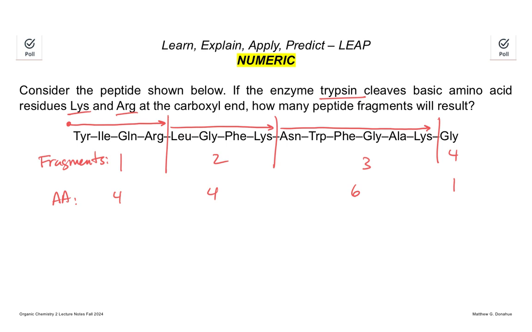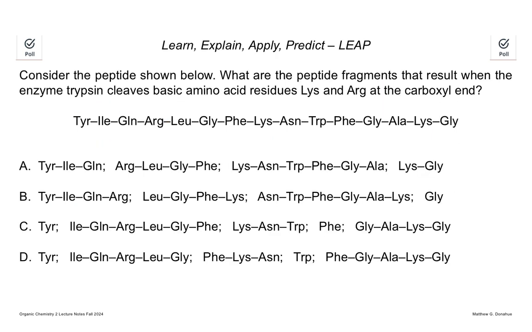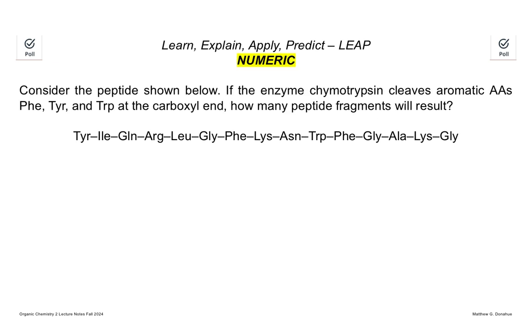You run the trypsin reaction, and by gel electrophoresis, you can say, okay, I have 4 fragments. I still need to figure out what the sequences of those fragments are. We sort of chopped it up on the prior slide, but the answer is B. That indicates what the sequence is.